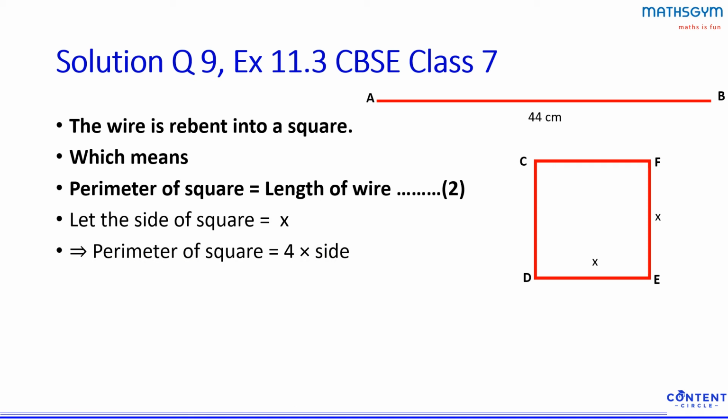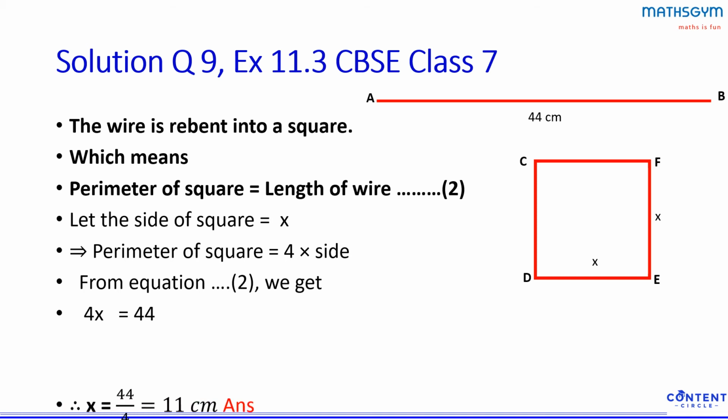We also know that the perimeter of a square is 4 into side, so it's going to be 4x is equal to 44, because 4 times x gives us the length of the wire or the perimeter. So x is equal to 44 by 4, which is equal to 11 centimeters.